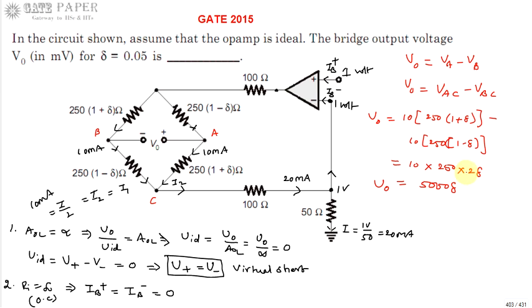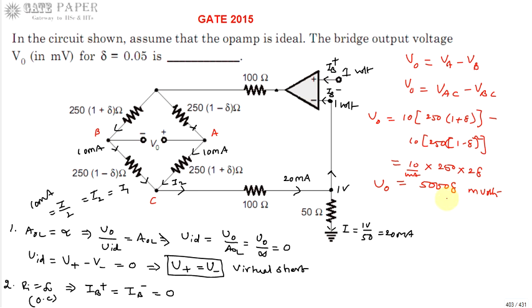Here 10 is in milliamperes and the resistance is in ohms. Milliamperes into ohms is millivolts, so the units are millivolts.